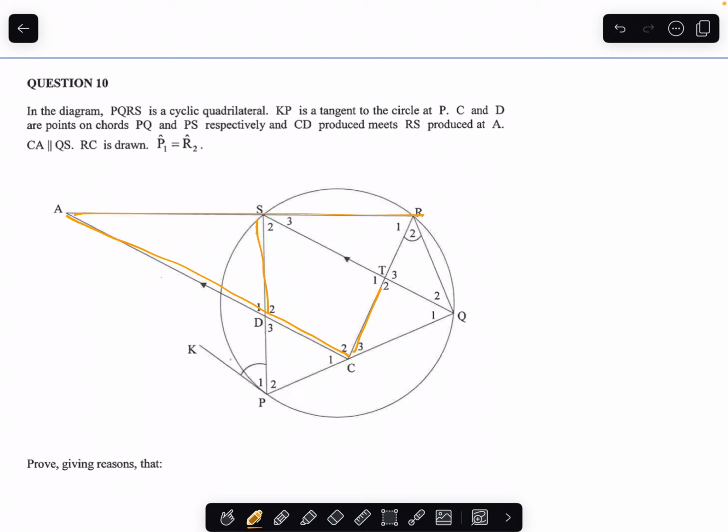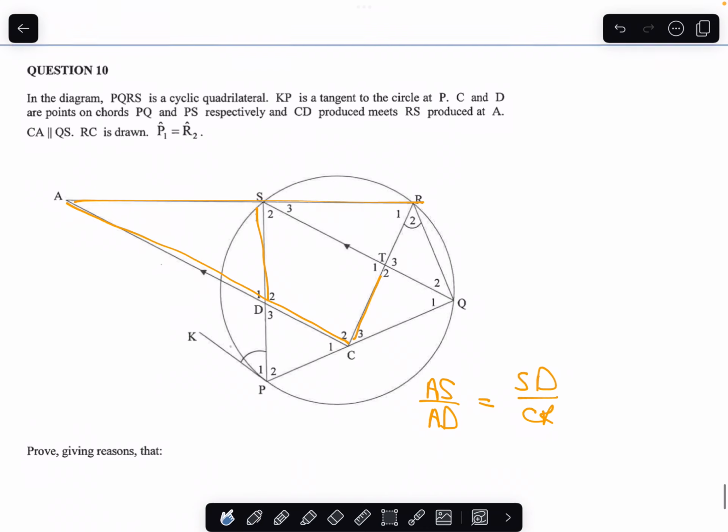So they said AS over AD is equal to SD over CR. So that's from, right.